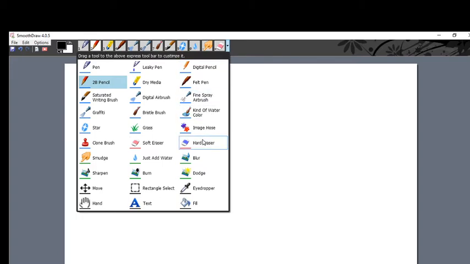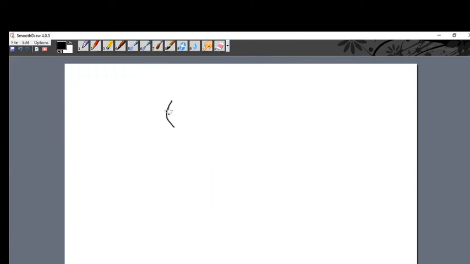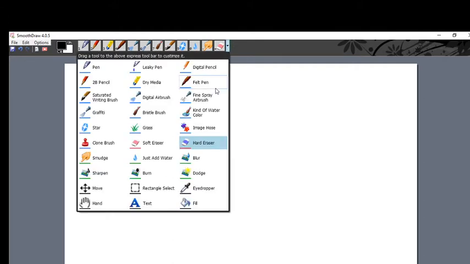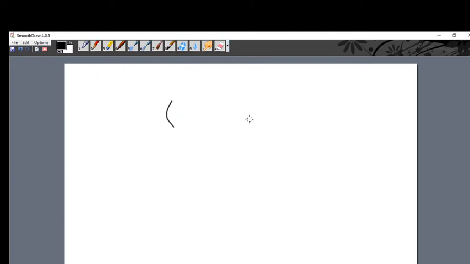The hard eraser. Did that work? Yeah, I got that to work. So let's see, can I get this to erase? Yeah, there we go.